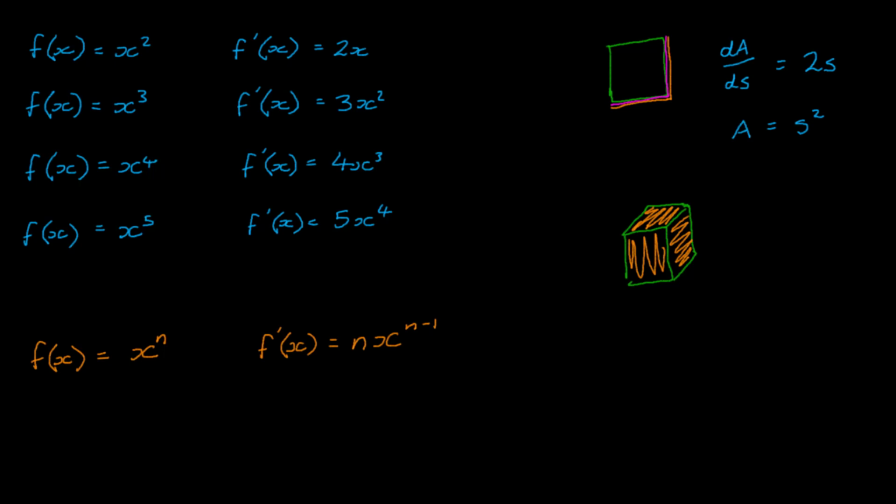So we start with volume equals s cubed, but if we look at the instantaneous rate of change of the volume with respect to the change in side length, we find that the volume being gained at that moment is equal to 3 times one of the sides, which is going to be s squared.